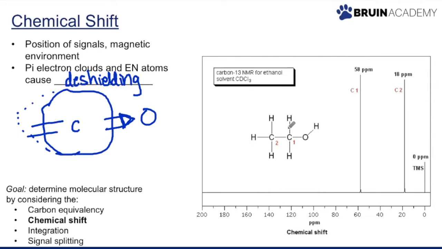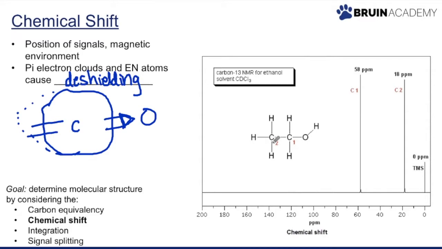And similar to proton NMR, deshielding occurs, and when you have deshielding on a carbon, this means that there is a greater chemical shift. If you look at carbon 1 here, carbon 1 is attached directly to a very electronegative atom, oxygen, and as a result, carbon 1 is heavily deshielded, as opposed to carbon 2, which is further away from this oxygen.